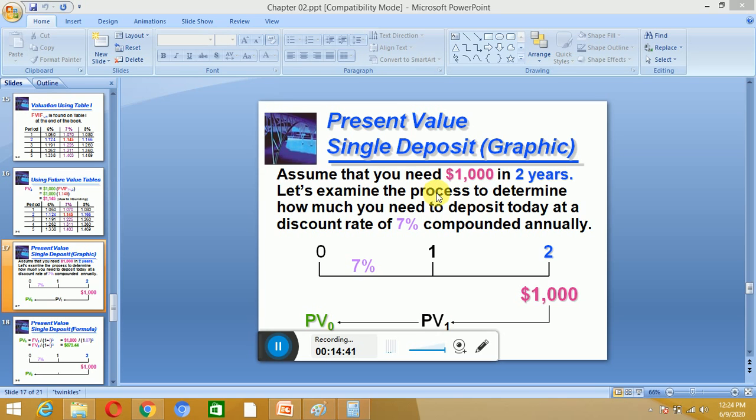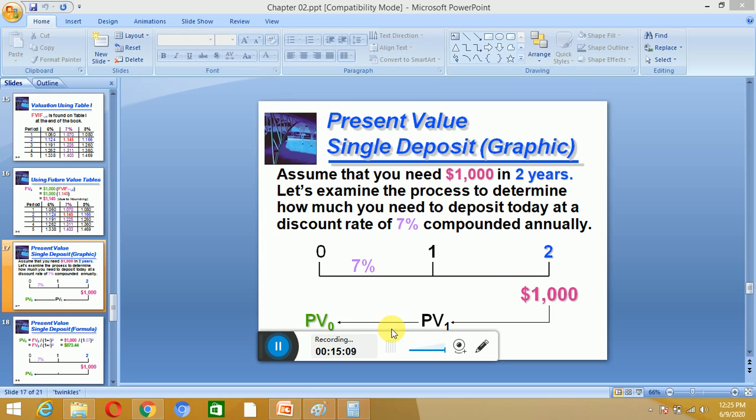Let's examine the process to determine how much you need to deposit today. Means how much money will you deposit today? This is present value. Deposit today at a discount rate of 7%. And what is the interest rate? It is 7% compounded annually, which means it is compound interest.